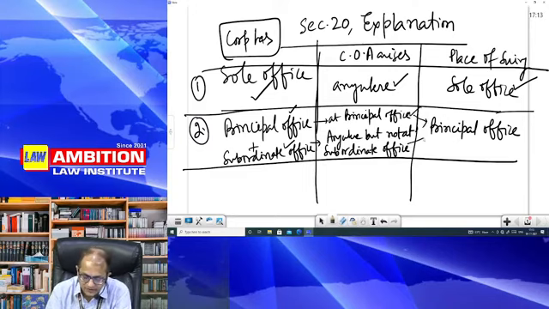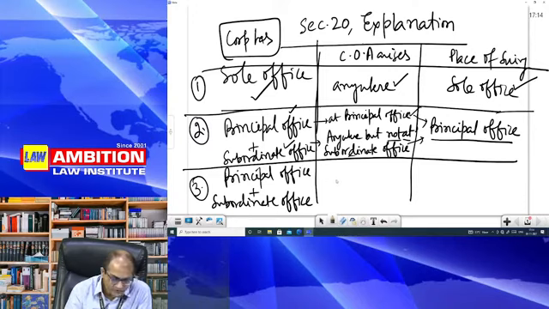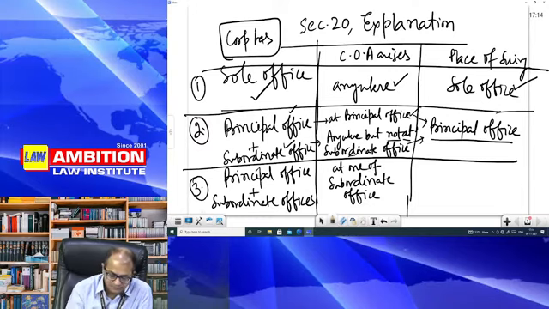There is a third situation where there is a principal office plus subordinate offices. Now cause of action arises at one of the subordinate offices.